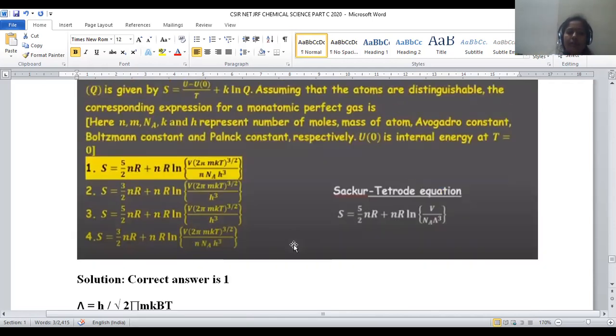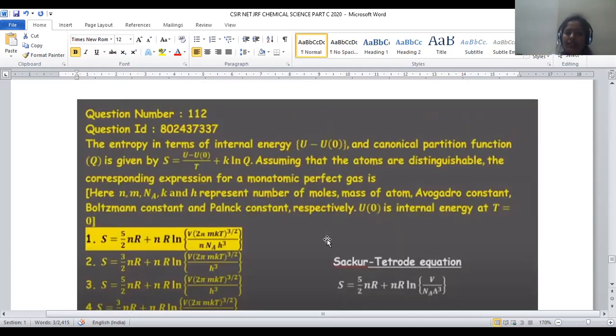For that purpose, we are using the Sackur-Tetrode equation. S is equal to 5 by 2 nR plus nR ln V by Na lambda cube.